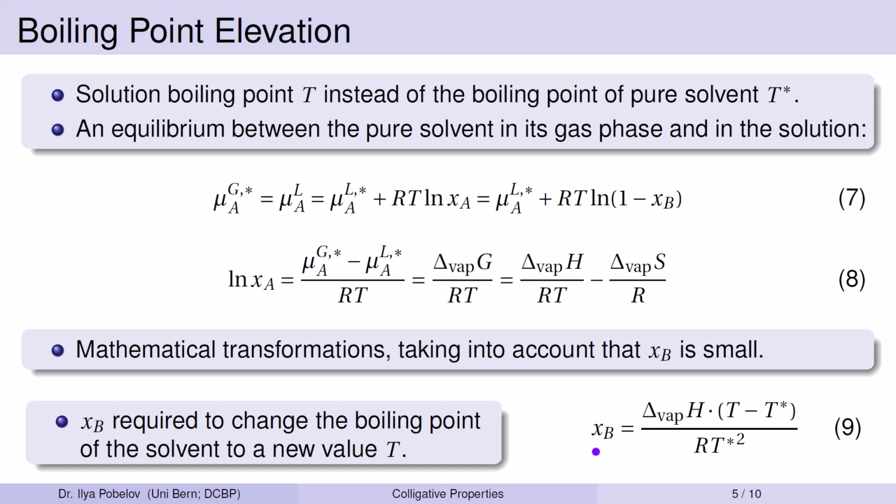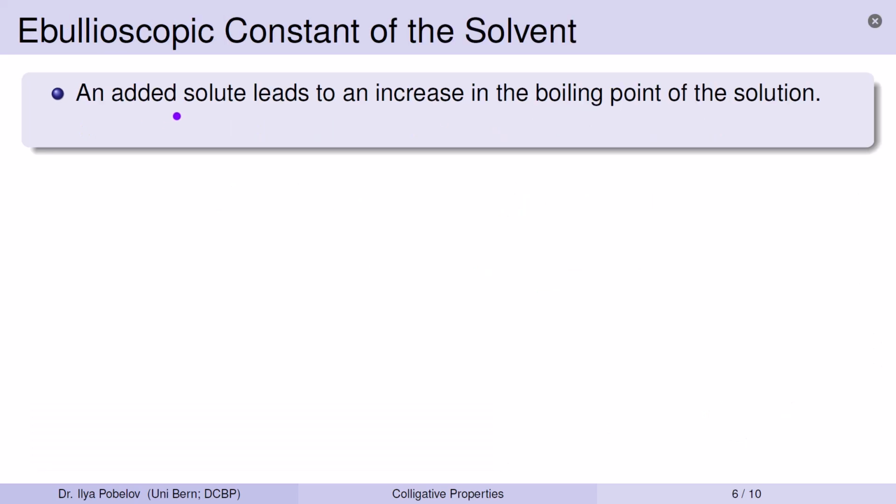It gives the mole fraction of the solute required to change the boiling point of the solvent to a new value. As we introduced previously, when a solute is added to a solvent, it leads to an increase in the boiling point of the solution. This elevation, denoted by delta T, is the difference between the new boiling point T and the boiling point of the pure solvent T star.